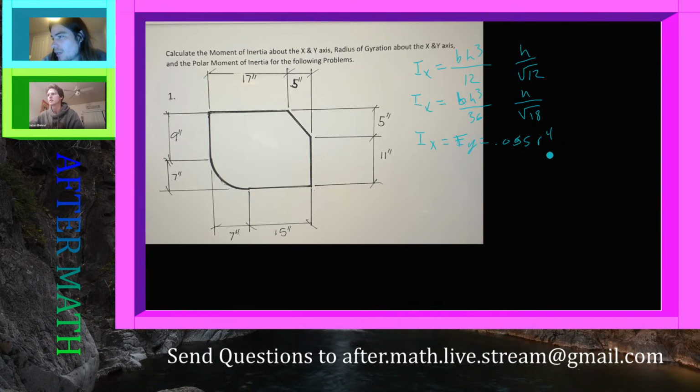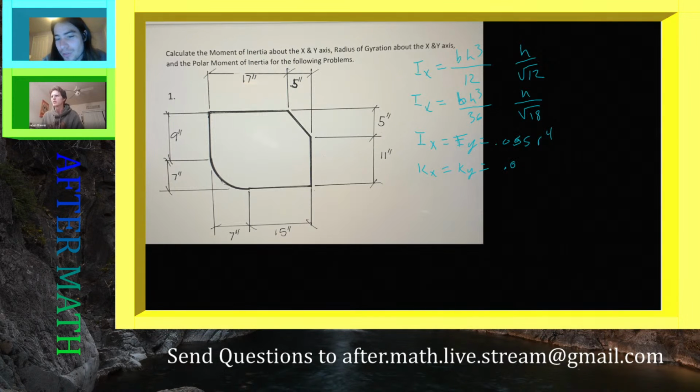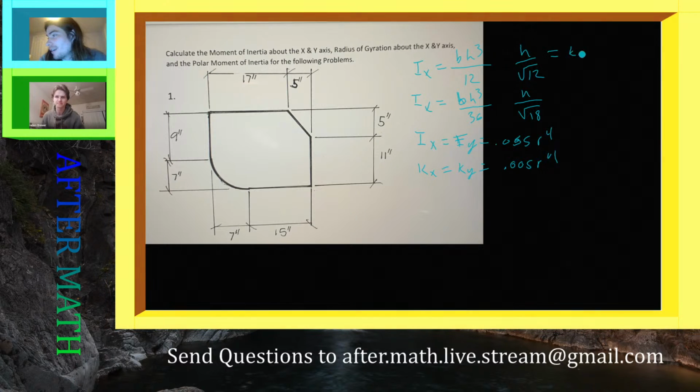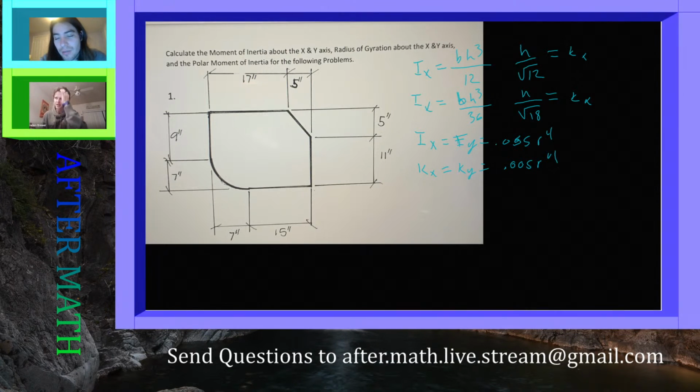And we got kx is equal to ky, which is equal to 0.005 r to the fourth as well. And what does the k stand for? Sorry, I forgot to write k's for all the rest, but this is a kx. So that's the radius of gyration. Gotcha.